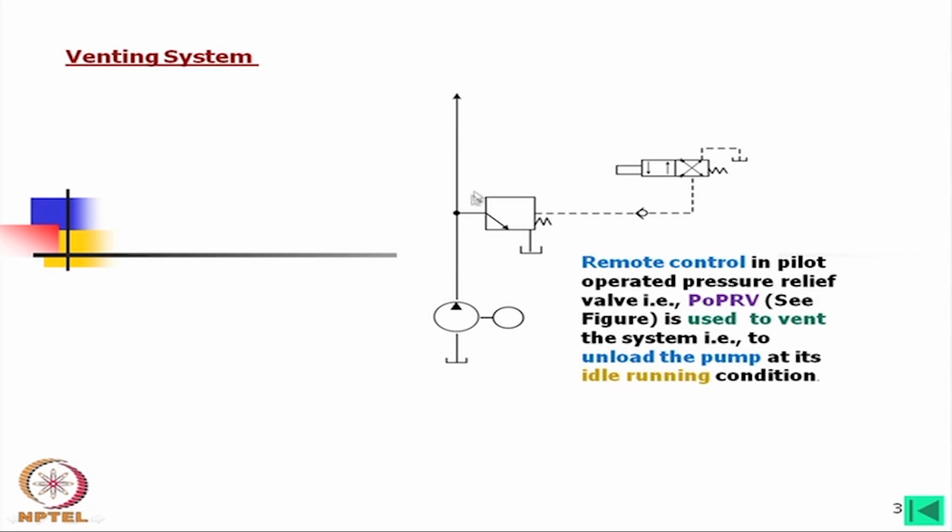From the symbols, as we know, this is a pressure relief valve. Now, this pressure relief valve can be operated from the remote by allowing a flow through this valve, and then the flow to the main system will bypass to the tank.